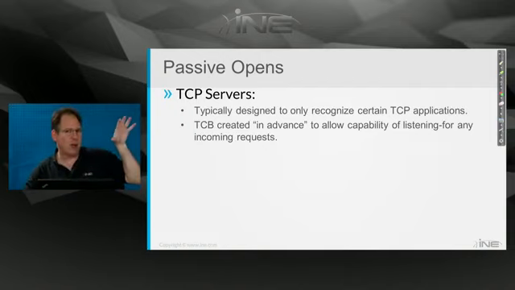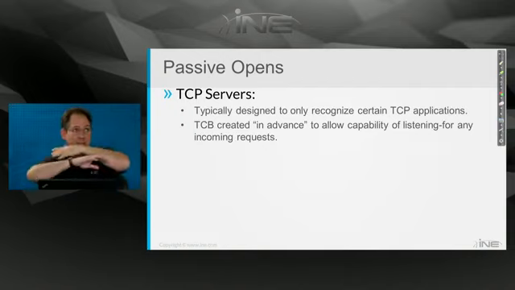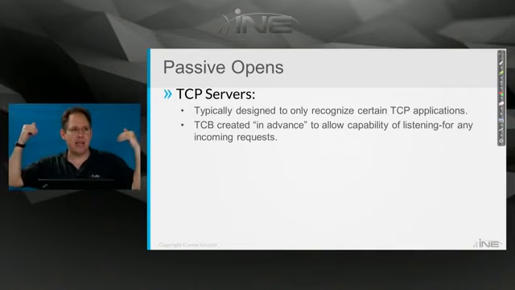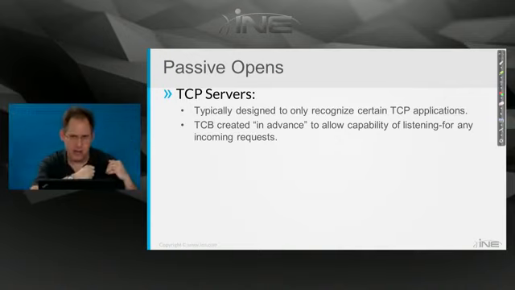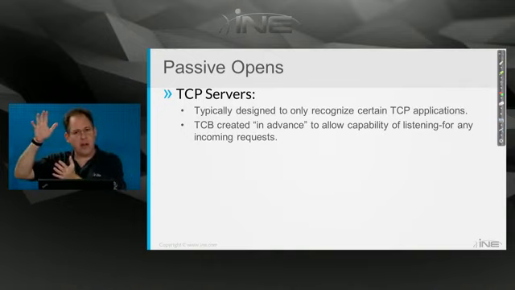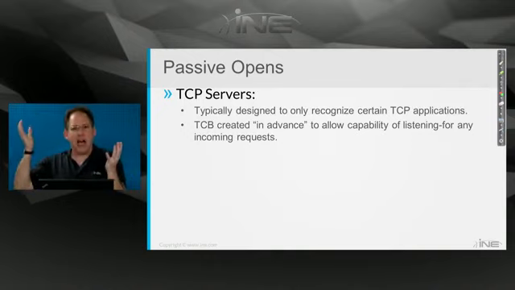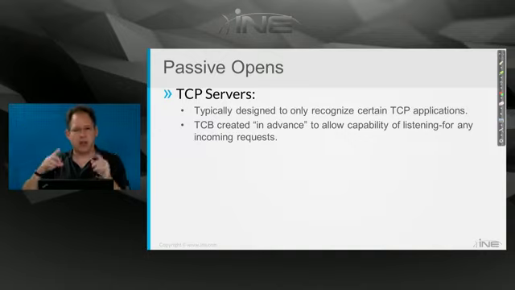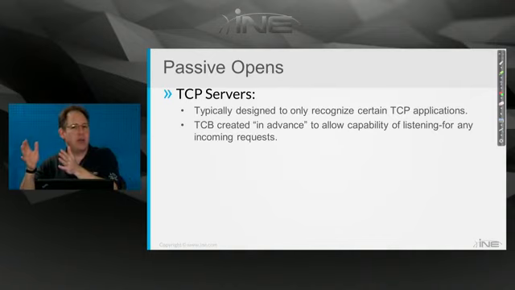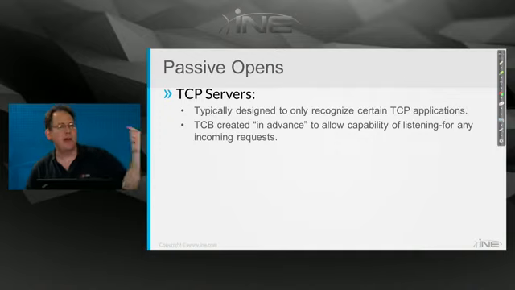So as opposed to a client that could have any number of TCP applications that might need to use TCP and even stuff you haven't even downloaded yet, the server on the other hand is going to say, okay, well, I'm designed for a particular task. So the server's going to say, as soon as it boots up, even though nobody needs me right now, I'm going to create a transmission control block in advance because I'm going to be expecting people to try to communicate with me.